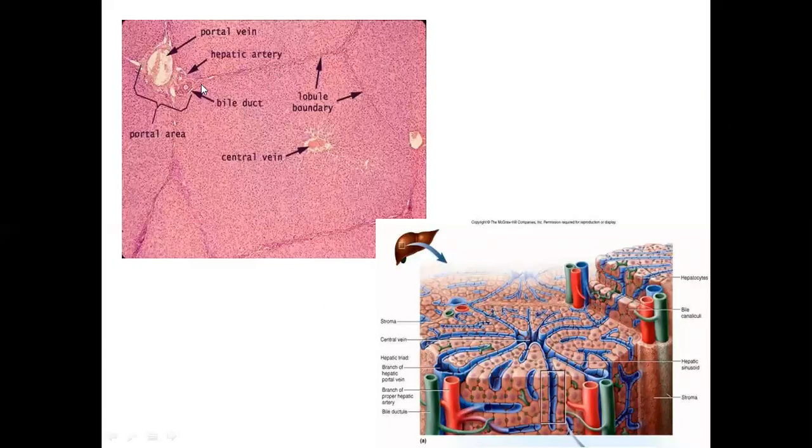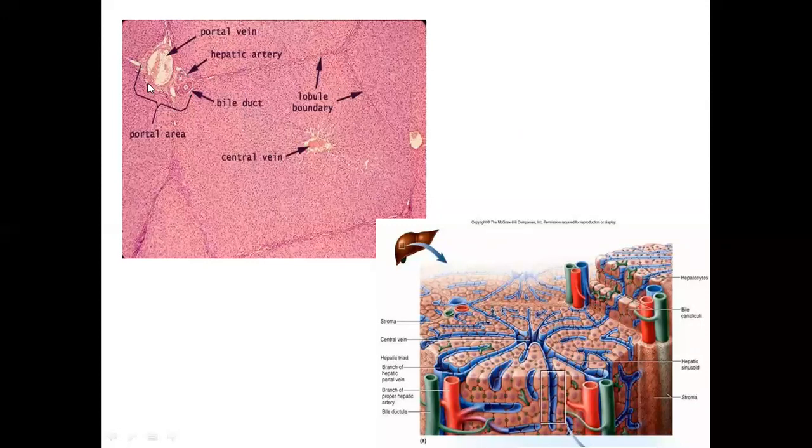Here you can note in this diagram the central vein. These are the liver cords, and between them are the sinusoids. Here at the sides is the interlobular connective tissue, or trabeculae, containing the portal triad. Here are the branches of the portal vein and hepatic artery.